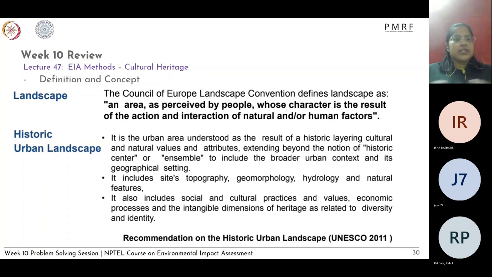The first layer is the historical layer, which talks about the cultural and natural and historic value of the site, and the second layer is the landscape of the site. And then when both of these layers are merged and looked at together, that is the historic urban landscape. And this definition is based on the recommendation on the historic urban landscape defined by UNESCO in 2011.